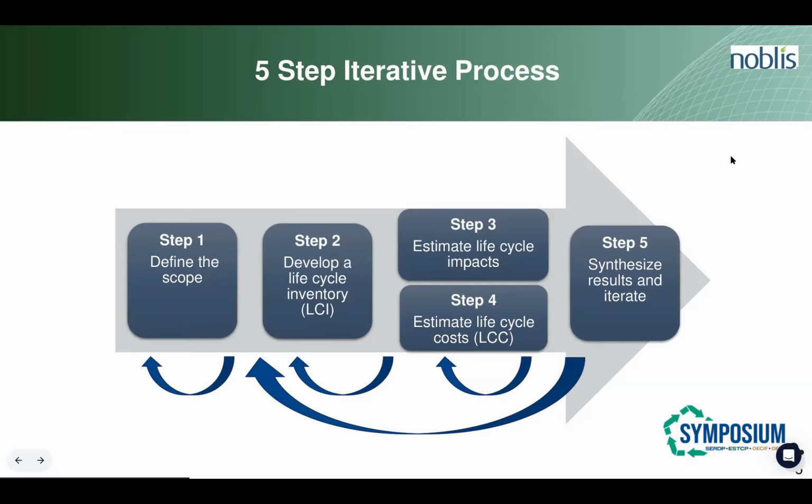And one of the things that we love to do to make things simpler is have those series of arrows at the bottom to demonstrate that this is an iterative process. You may start at step one, go to step three, and then go back to step one or go back to step two. It's likely that as you're working on the analysis, you'll need to iterate.